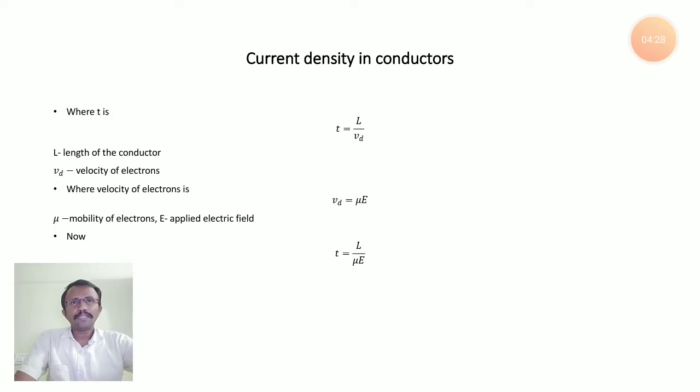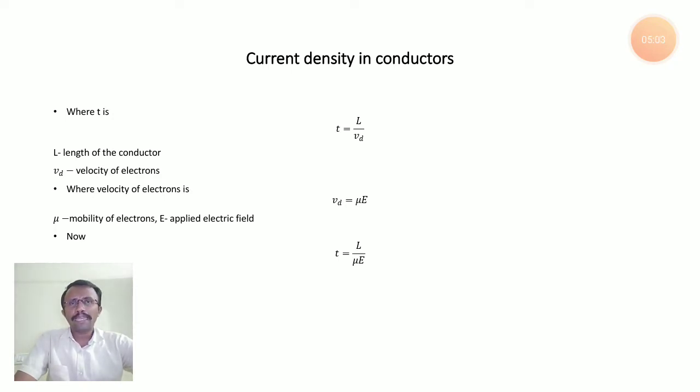Now we define one more term, the velocity of electrons. The velocity of electrons, Vd, is equal to the mobility of electrons times the applied electric field, that is Vd is equal to mu times E. Why am I saying only the mobility of electrons? Because the current flow in conductors is because of electrons only. Here mu is the mobility of electrons, and capital E is the electric field applied on the conductor.